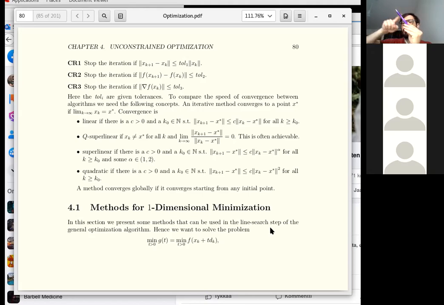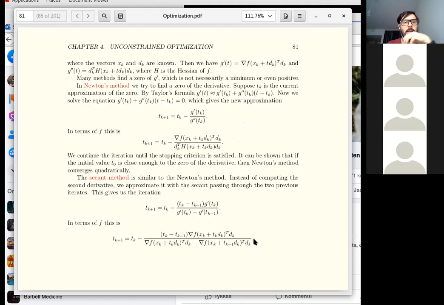Basically, we're moving along this line and trying to find the best possible point. That means we are transforming this problem into a one-dimensional problem. So the t is now just the length, which is just a number, and we're going in that direction and minimizing this function value in that direction. And we'll look at that next week.